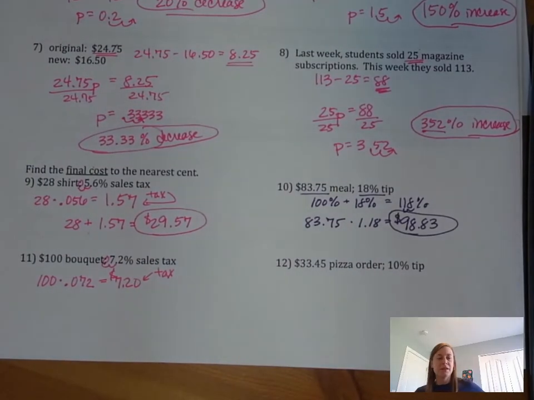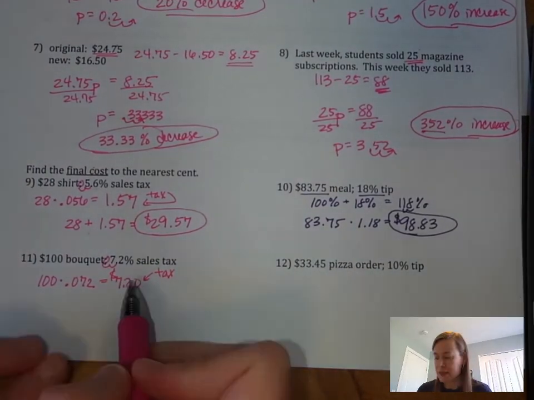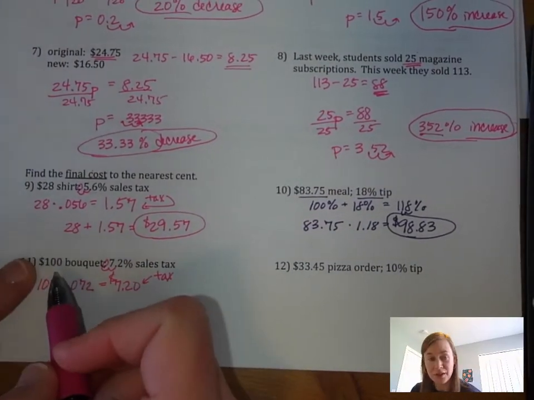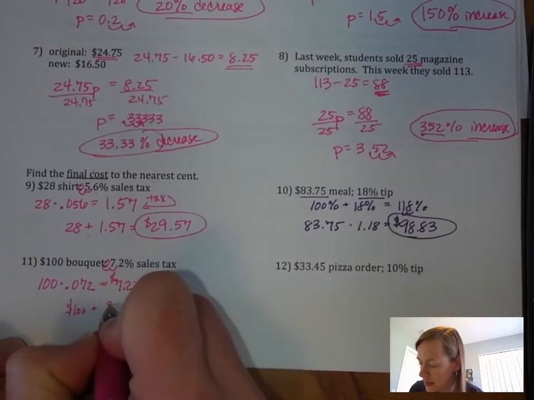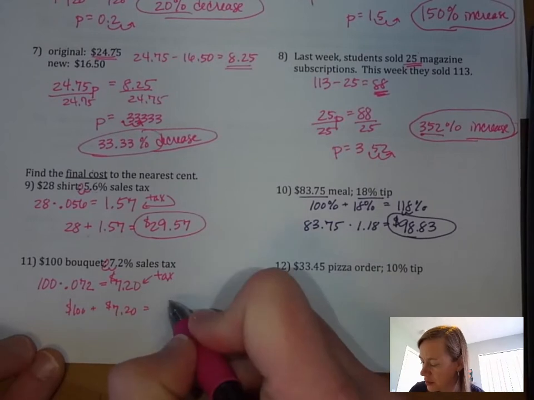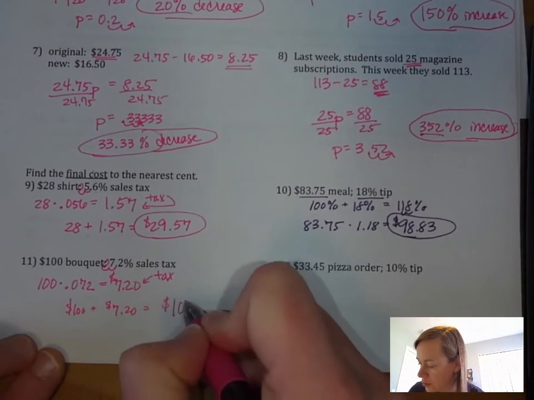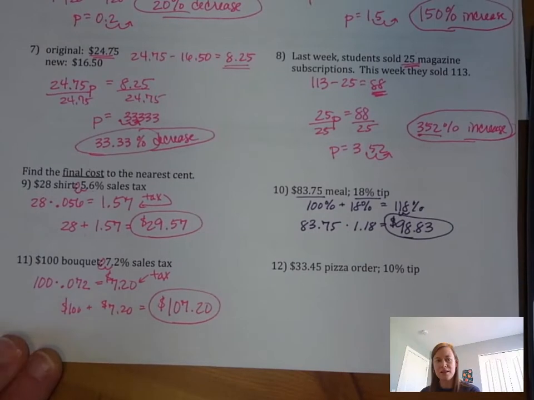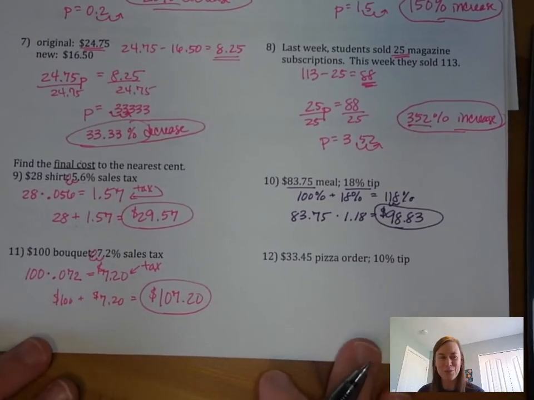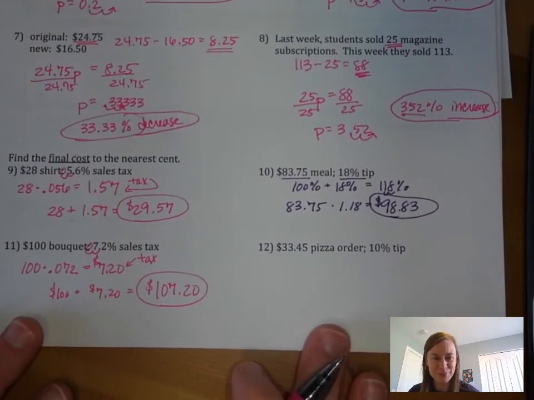Okay? And now we need to add it to the original price of $100 to find the total. So $100 plus 7.20 equals 107.20. That's a lot of money for flowers. That better be a beautiful bouquet, maybe for someone's wedding or something.